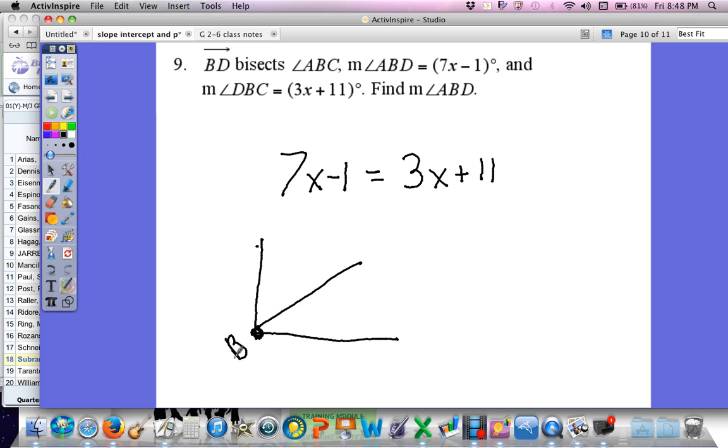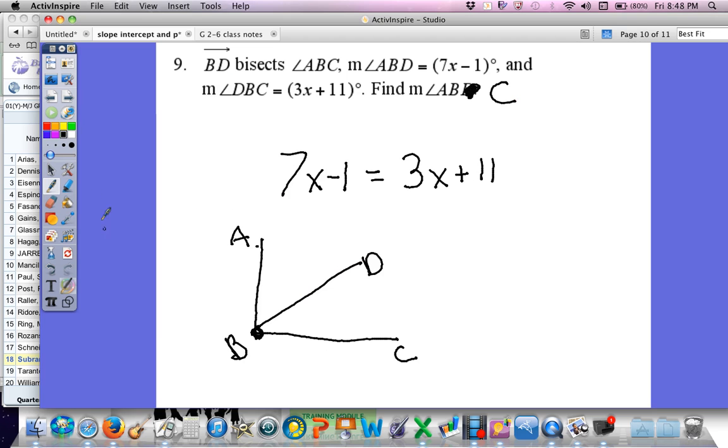So this is BD, and it bisects ABC. Okay, so ABD is this, DBC is this. They want me to find ABD. I think this is a typo. ABD is 7x minus 1, and DBC is 3x plus 2. They actually want me to find ABC.